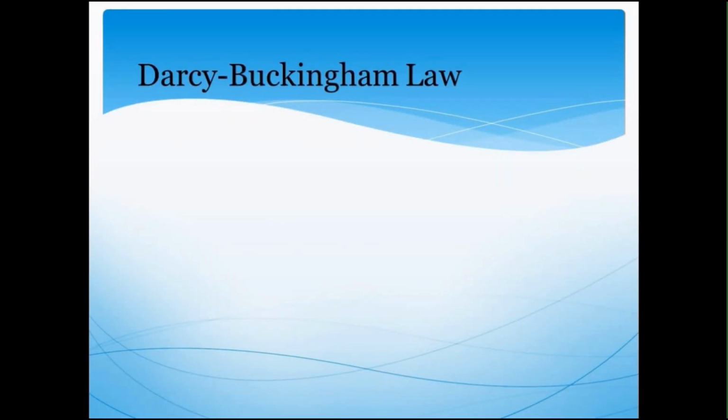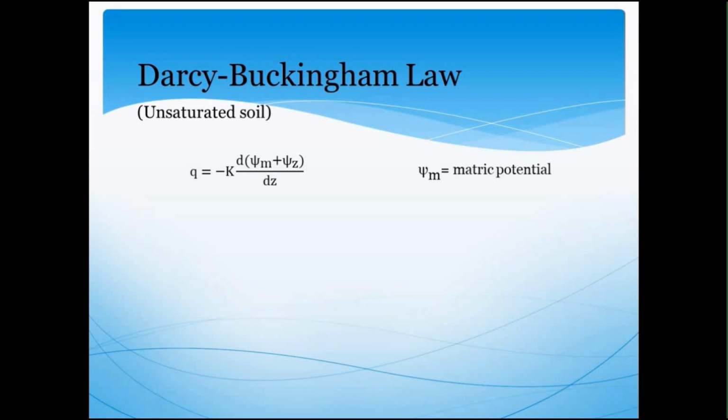Darcy's law was expanded by Buckingham, which is used for unsaturated soil conditions. In unsaturated soil conditions, we have to deal with two gradients: the matric potential, which is the capillary and absorptive forces, and gravity. The total hydraulic head will be the sum of these two gradients.